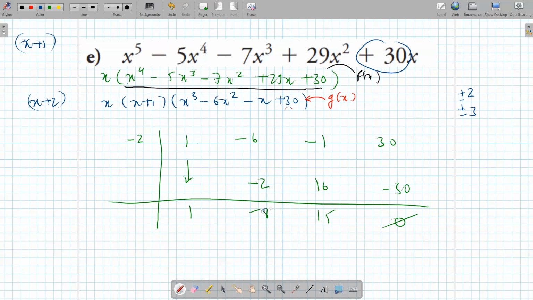So tell me here, we're going to rewrite the g of x function, okay? How can we rewrite the g of x function? It's going to be something times something. Our divisor times our quotient. What's our divisor?